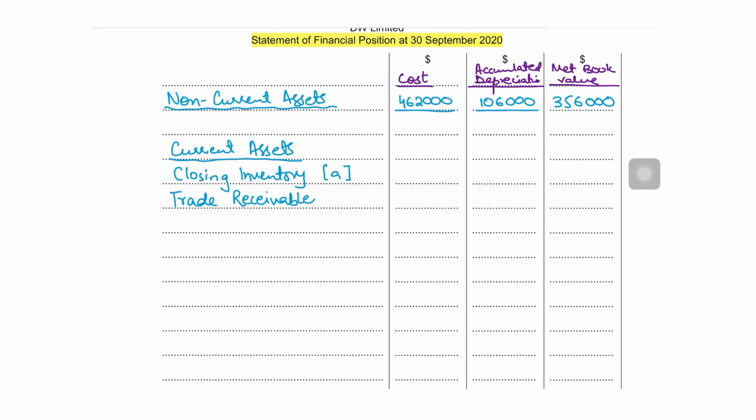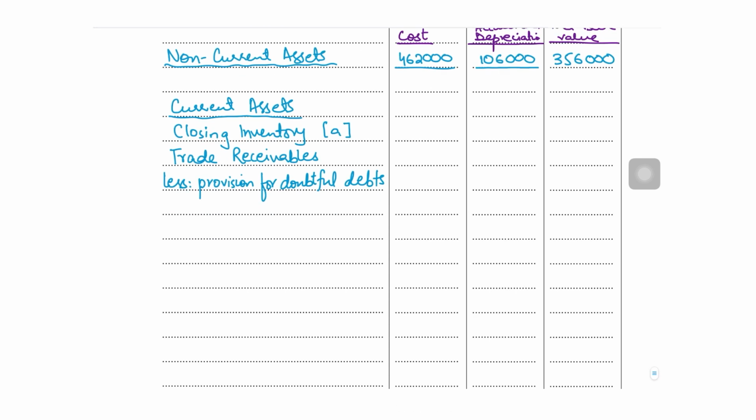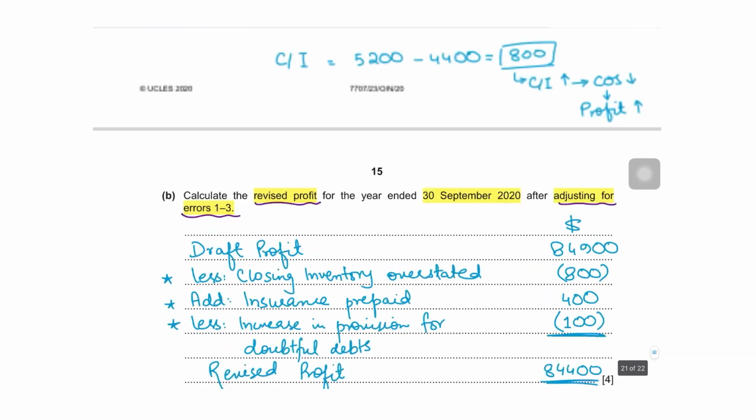And don't forget that we show the subtraction of provision for doubtful debts, less provision for doubtful debts, which we calculated for finding out the revised profit. Lastly, we are also given other receivables. We don't have bank or cash because, as we saw in the list of balances, we have a bank overdraft, so that is a liability. Now let's fill these.